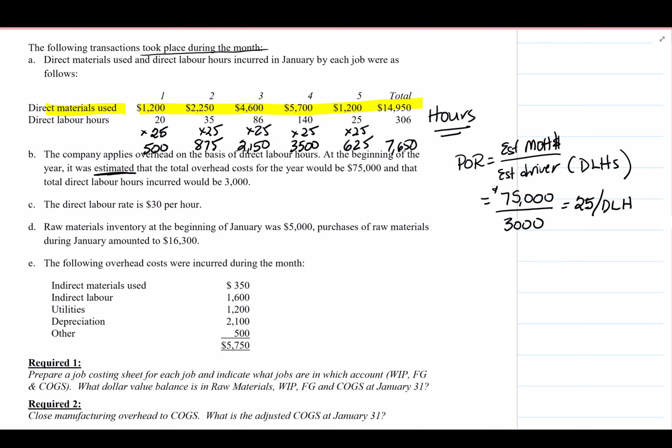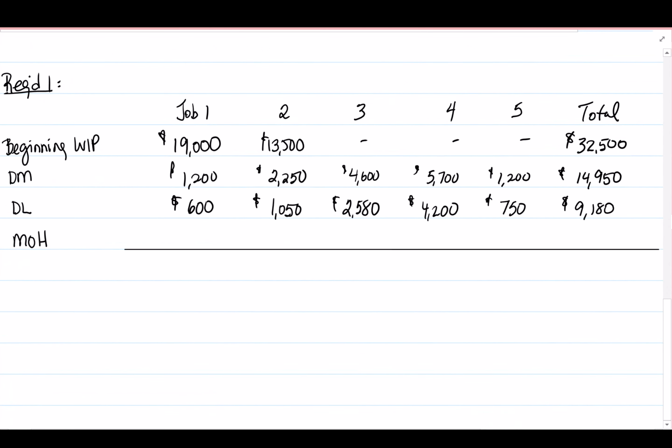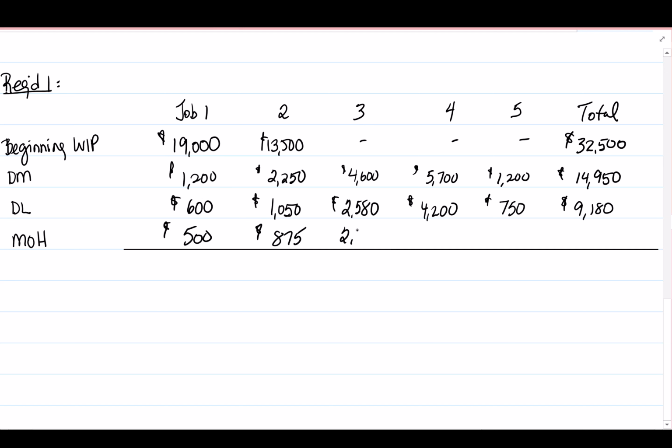So I'm going to carry those numbers down now to my job cost sheet. So those are the costs that my jobs have had applied to them or they incurred during the month of January.